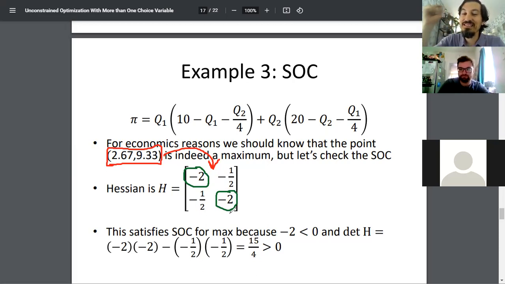To realize that, you have to realize that these two numbers on the other diagonal are always the same. So when you multiply them together, it's a squared number, which is always positive. If I'm going to subtract a positive number and the answer is still positive, I must have started with a positive number. The only way I could have started with a positive number is if these two things have the same sign.